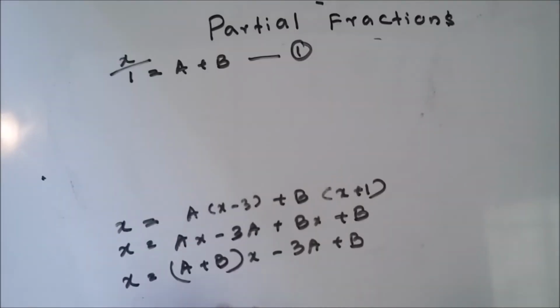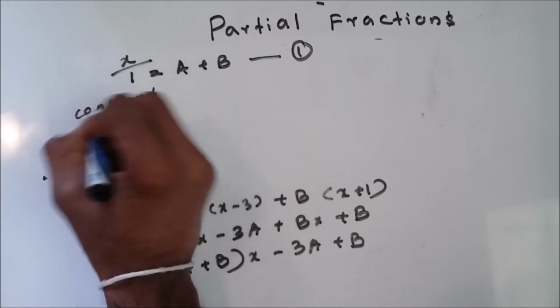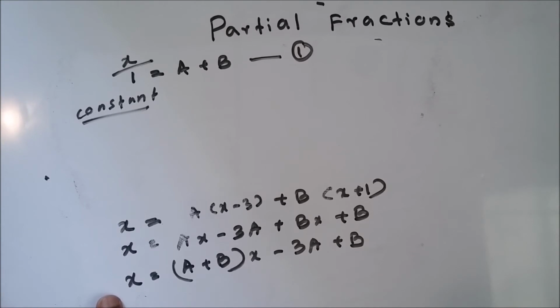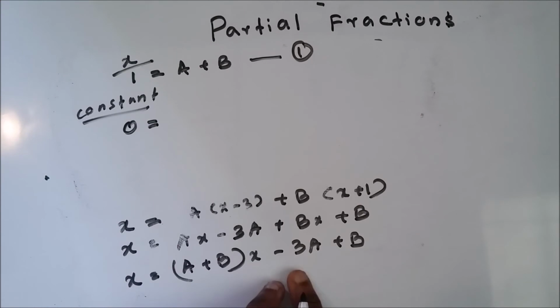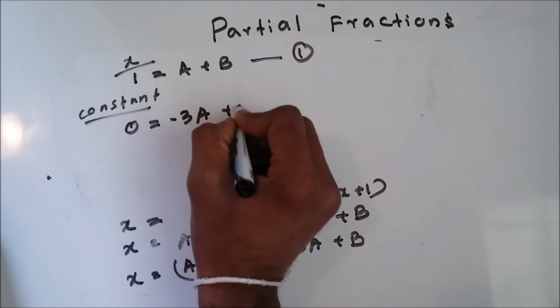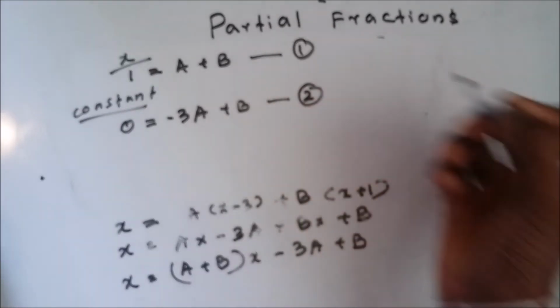Then we compare constants. Here there is no constant, so 0. This side minus 3A plus B. Minus 3A plus B, this is our second equation.